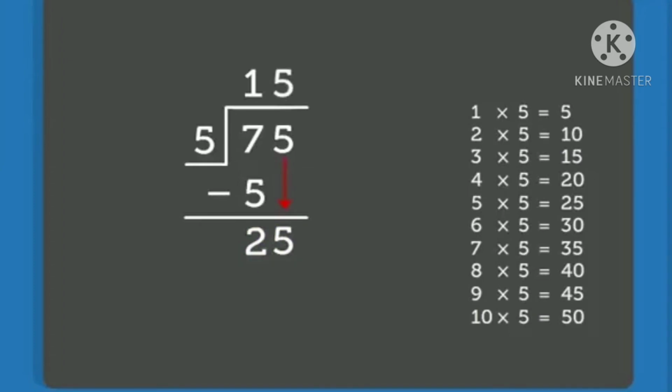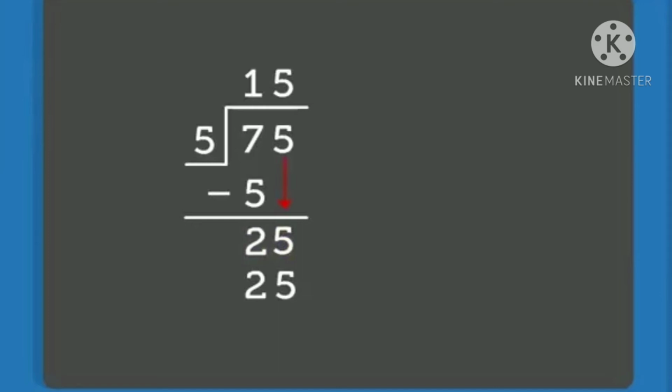We write 5 above the 5, since we know 5 multiplied by 5 equals 25, and write the number 25 under 25. Finally, subtract 25 from 25, which equals 0, which is the remainder. Write 0 in the ones column.